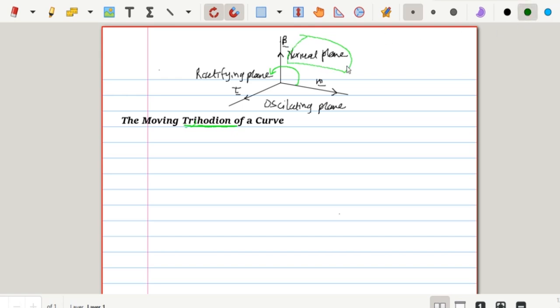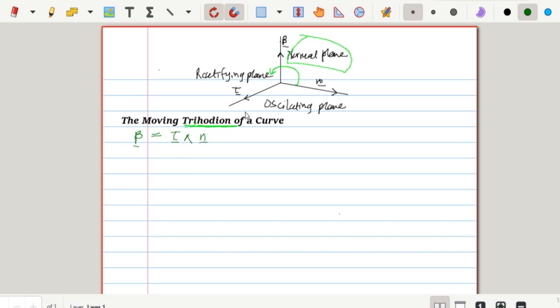We are going to have the formula for this particular plane, beta, which is also known as the binormal, to be equal to the cross product of the tangent and the normal, that is tau cross n.